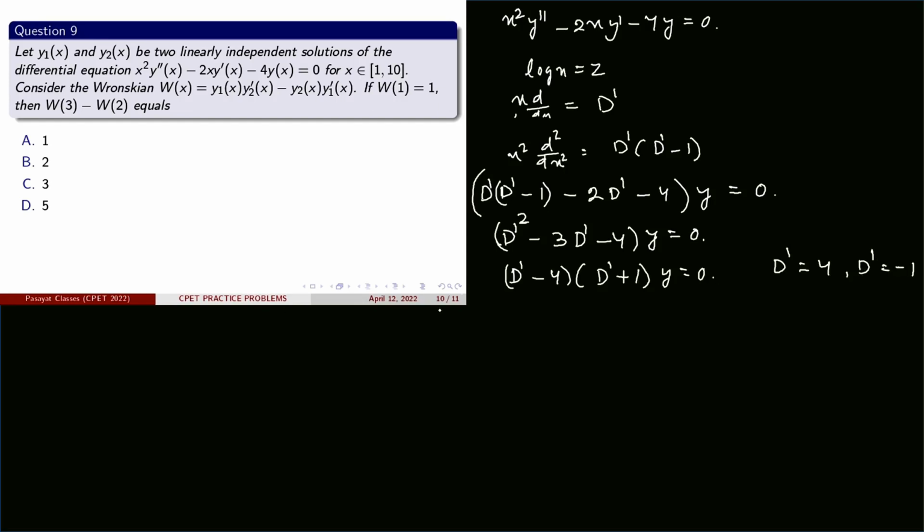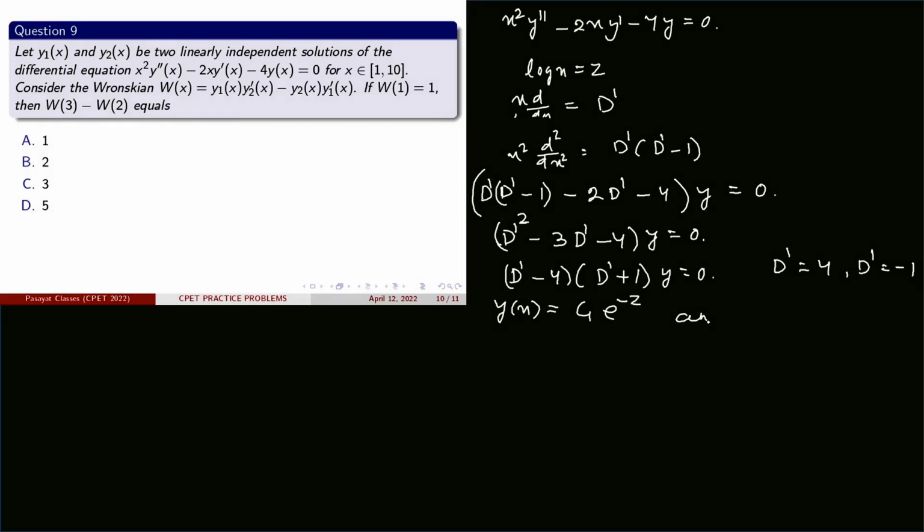Hence the solution of this differential equation y of x can be written as c1 e to the power minus z, which we write as the first solution y1 of x, and the second solution y2 of x is equal to c2 e to the power 4z, and the final solution is y of x is equal to y1 of x plus y2 of x.